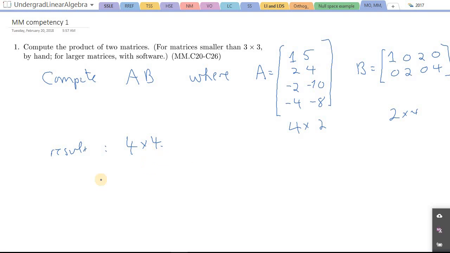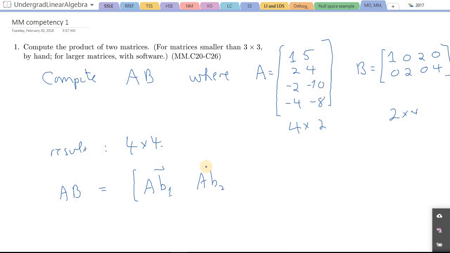All right, so let's consider AB. Remember that I can think of this column by column. AB1 is going to be the first column of the result.